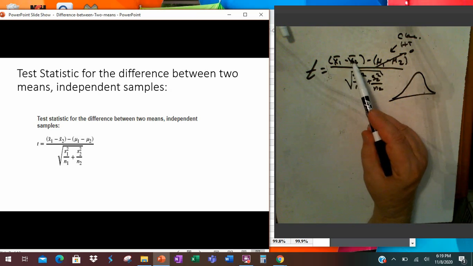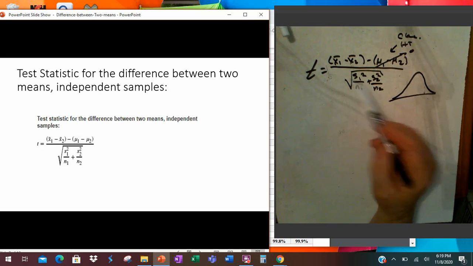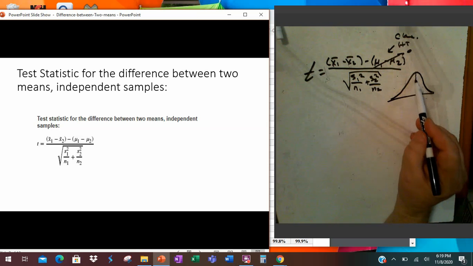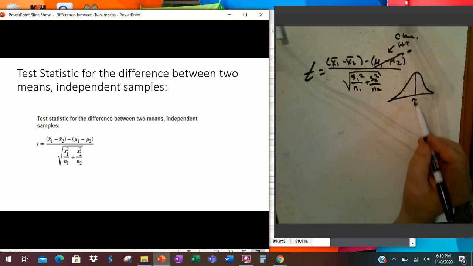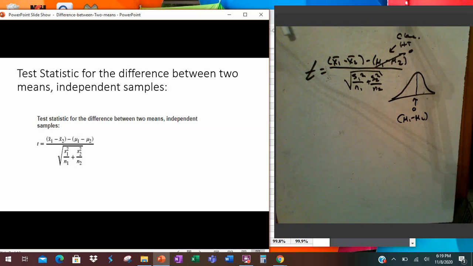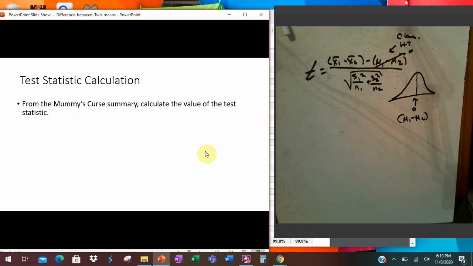We're going to get the values for x1 bar, x2 bar, and then this tells us how far away from that claim, mu1 minus mu2, we are. It's 0 once we do this, but it's basically saying how far are you away from that claim. So we go back.